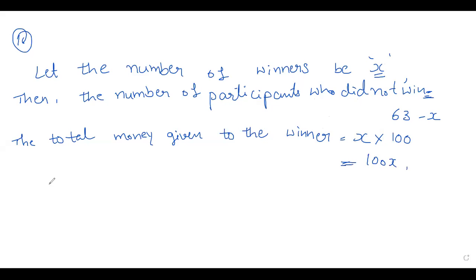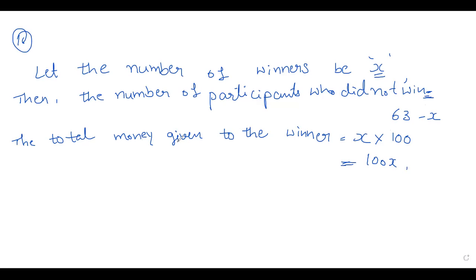Children, next, total money for the other participants. We have written 63 minus x, okay? 100 rupees is for the winners. What about the other participants? It is 25 rupees.